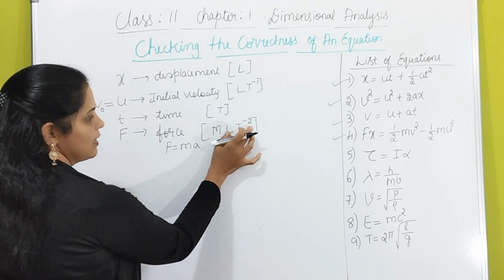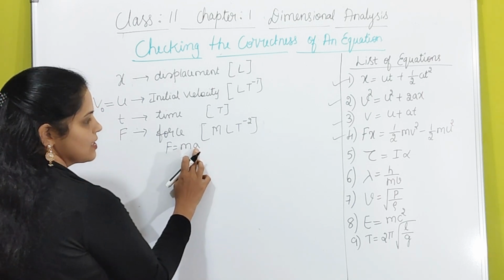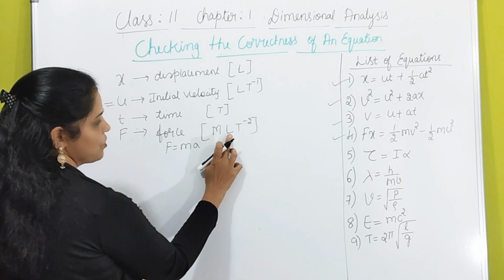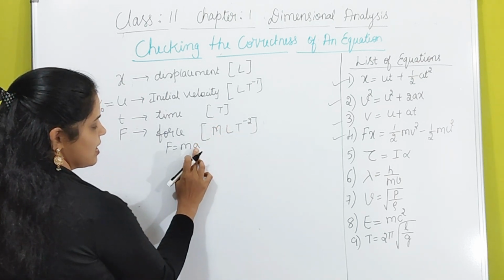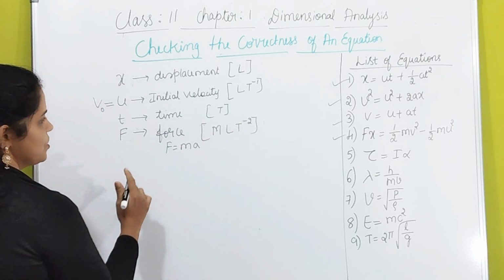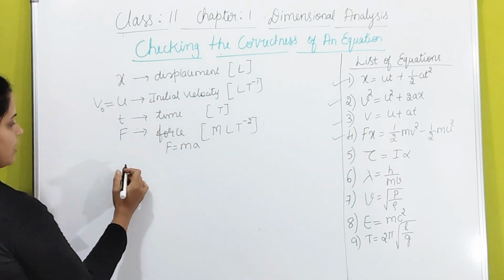Suppose you forget the dimensional formula, just remember its SI unit. SI unit of acceleration is meter per second square. Meter is the SI unit of length. So LT minus 2. Now let us substitute the dimensional formulas in the fourth equation.